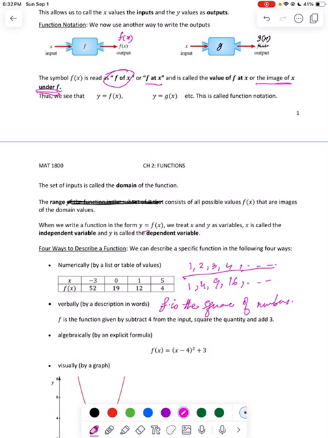Okay, third way that we can define is by a formula. Now this function that I have over here, f of x is equal to x minus 4 whole square plus 3. So this is the function we have used here and in all these examples. So how would you list it? By listing some of the values. We cannot list each and every value in the list, but we can list some of them.